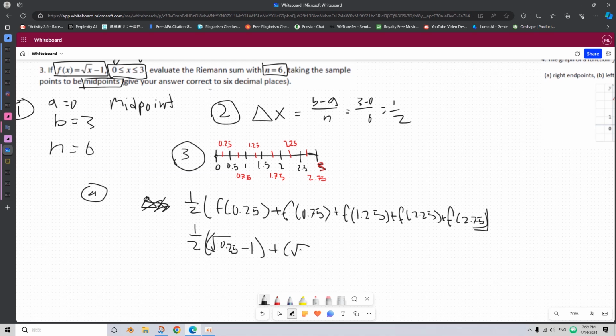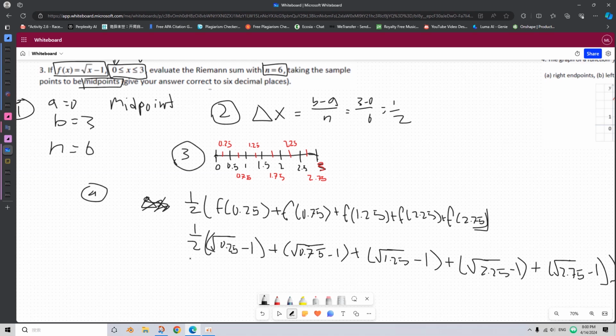So square root 0.75 minus 1, plus 1.25 minus 1, plus, wait, that's correct, so bracket again, 2.25 minus 1 plus 2.75 minus 1.